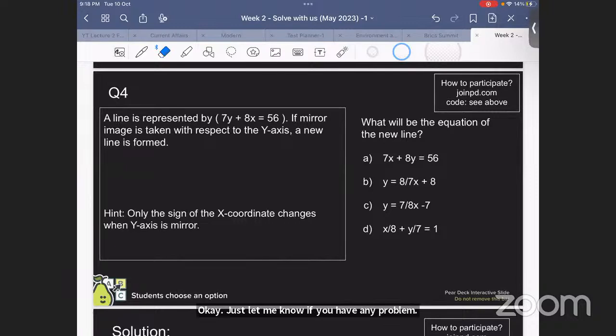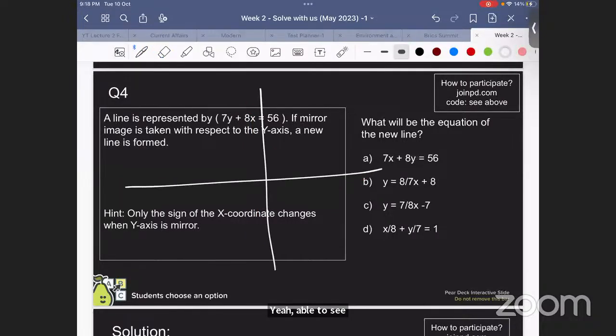Let me just give a hint. Here this is the y-axis, right? Are you able to see this or not? This is the x-axis. This is the y-axis. If you have any straight line like this, and if the mirror image is taken with respect to the y-axis, what should be the equation of this line?